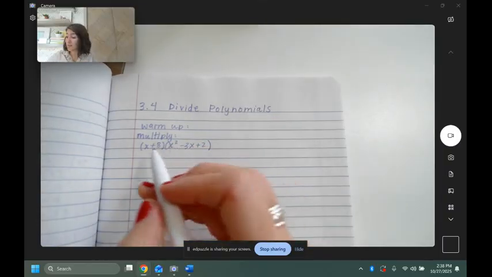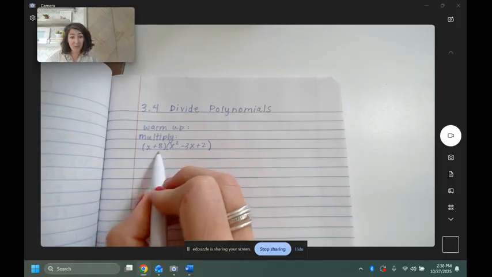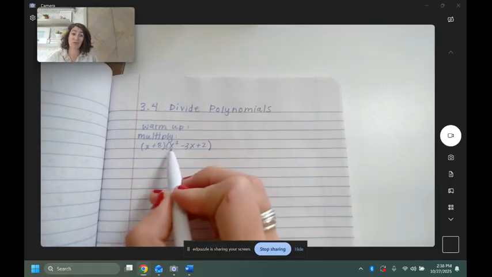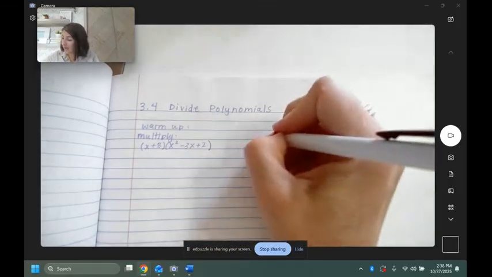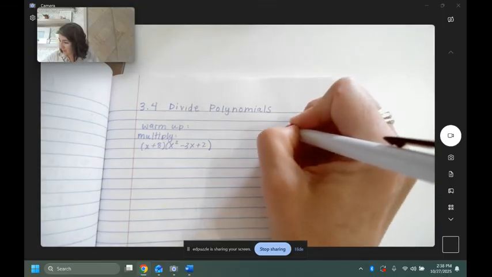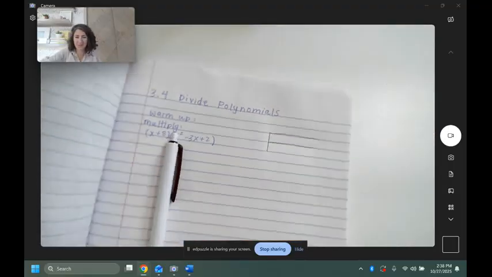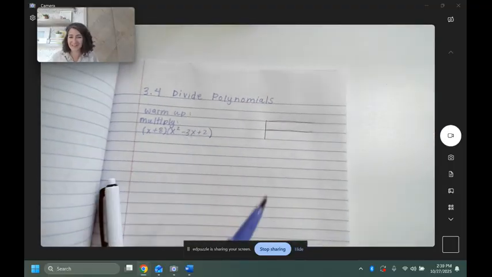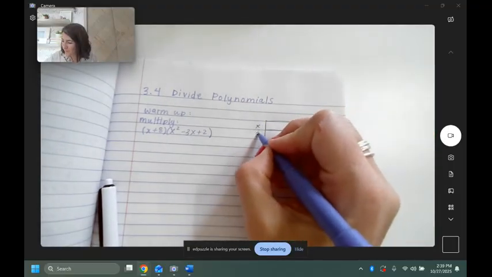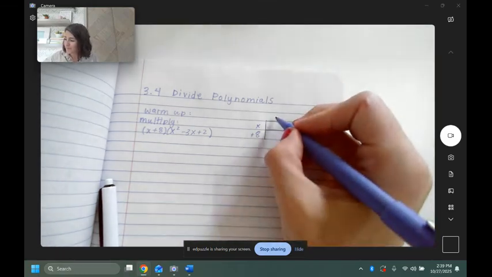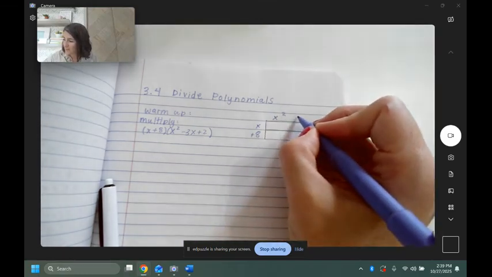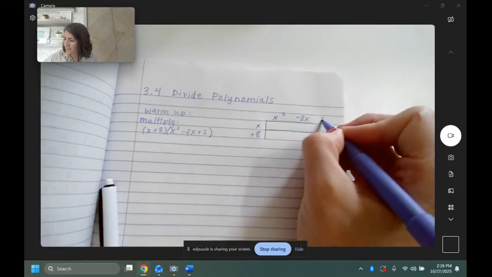So when I'm multiplying a binomial, 1, 2, times a trinomial, 1, 2, 3, I want to make an area box that has two, sometimes I call them window panes, but it's got two pieces for both of my terms down here. And then across the top, x squared, negative 3x, and 2.